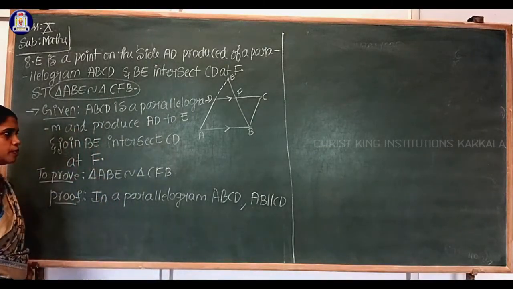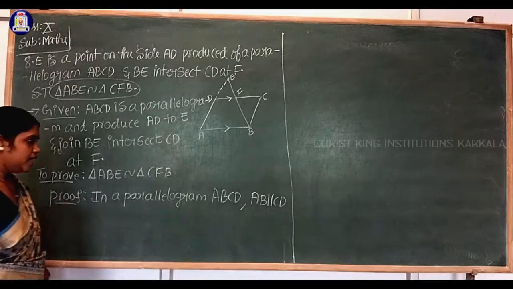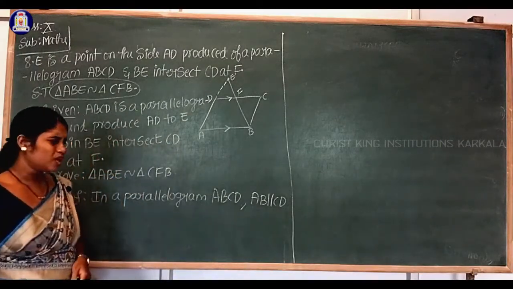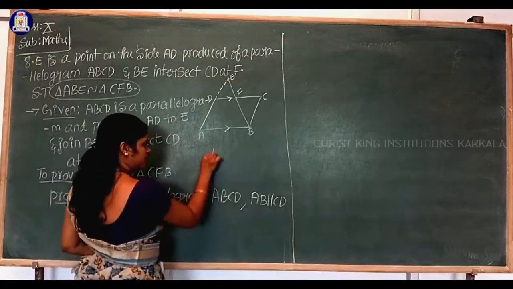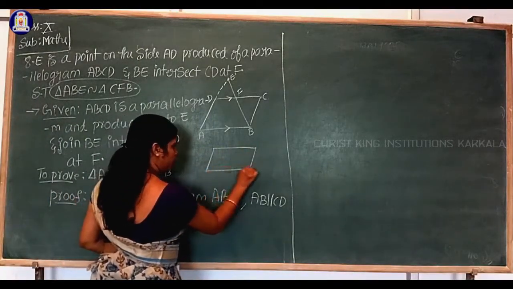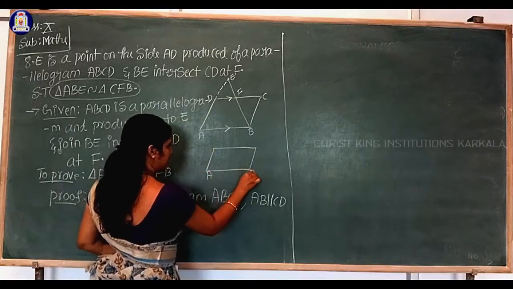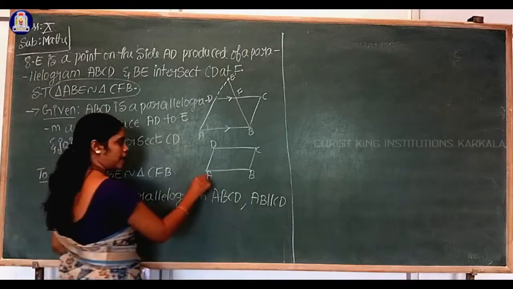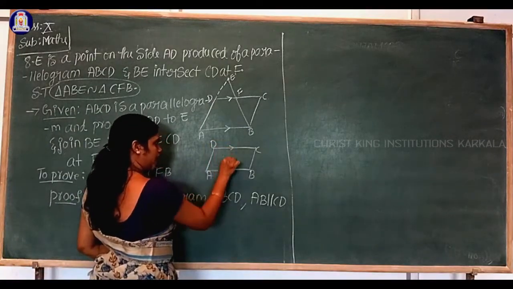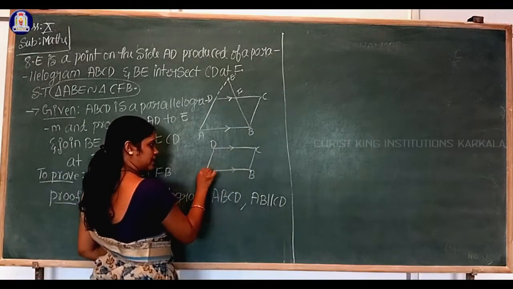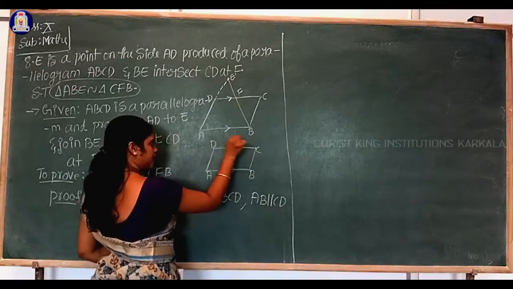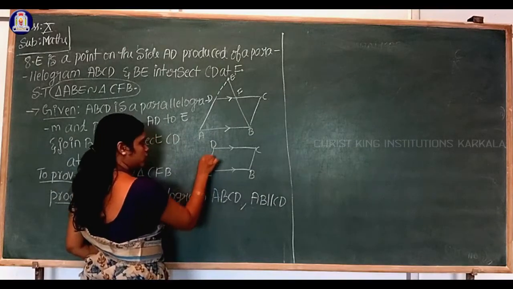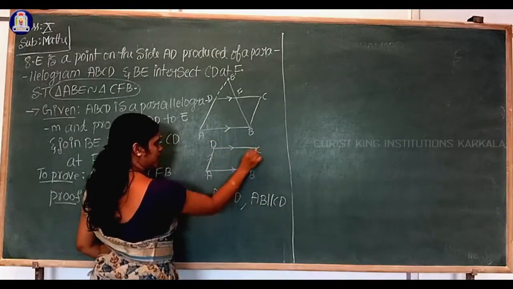Next, we also know that its interior opposite angles are equal. What is the meaning of this? If I consider this parallelogram ABCD separately, this is A, this is B, this is C, D. In a parallelogram opposite sides are parallel. For the side AB, the opposite side is DC. For the side AD, the opposite side is BC.